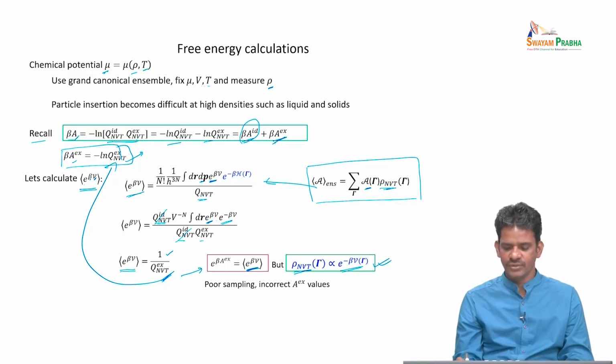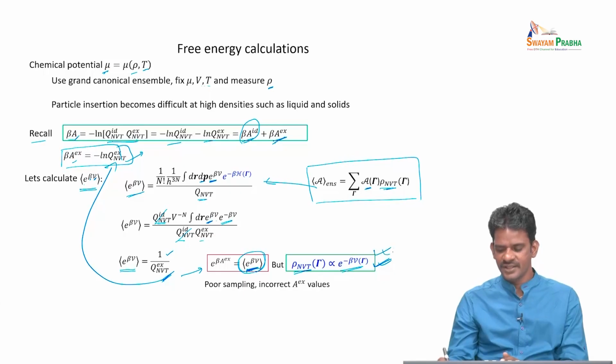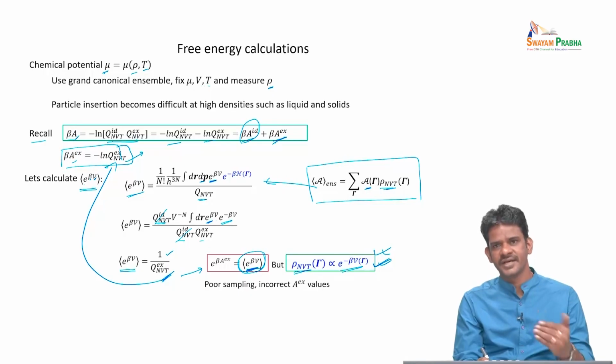So, when you try to do this in a canonical ensemble, your estimate of this average will be limited by low energy states only, because this distribution does not allow sampling of higher energy states, in which case these values are very important. On one hand, your trajectory is sampling low energy states, whereas the average that you want to calculate is weighted more at higher energy states than at lower energy states.